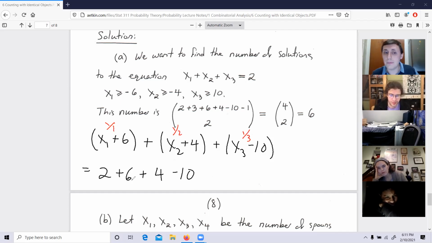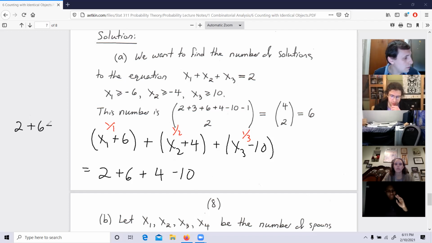Now, this is the number. This is my number n. Whatever it is, it's my number n. Good? So how do I solve for the number of solutions? I simply know it should be the number n, the number of objects I want to divide, plus 1 minus the number of partitions, right?